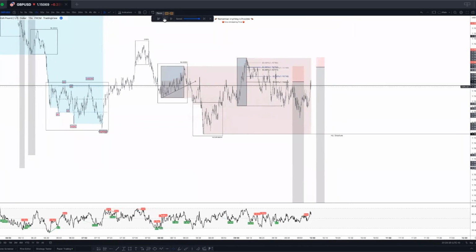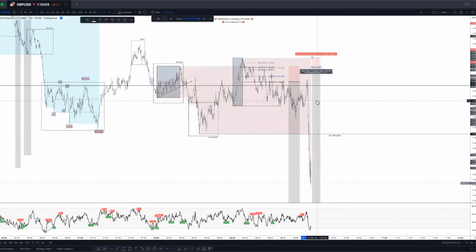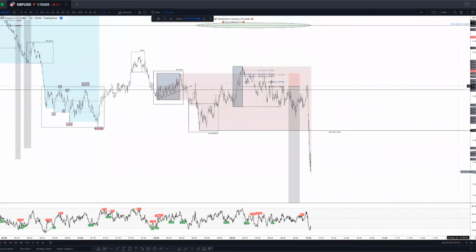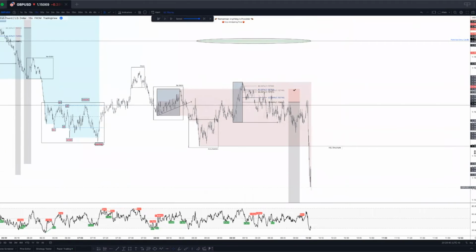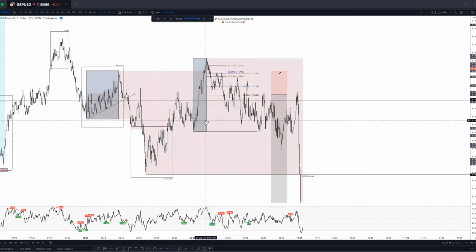So we get tapped in. So we are tapped. Boom. This is a successful tap. And right now, okay, so that is a successful tap. And its entire range was broken.